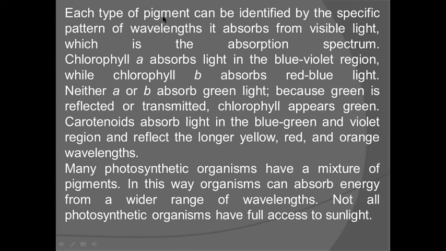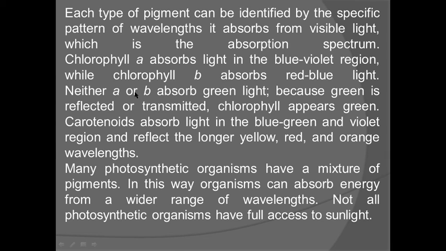Each type of pigment can be identified by the specific pattern of wavelengths it absorbs from visible light, which is the absorption spectrum. Chlorophyll A absorbs light in the blue-violet region, while chlorophyll B absorbs red-blue light.